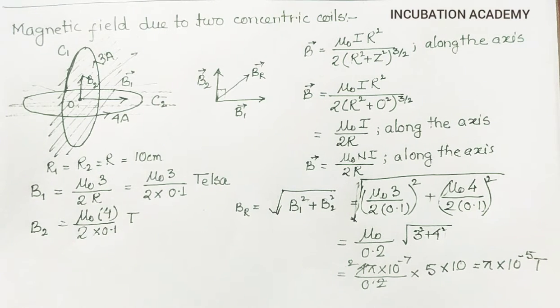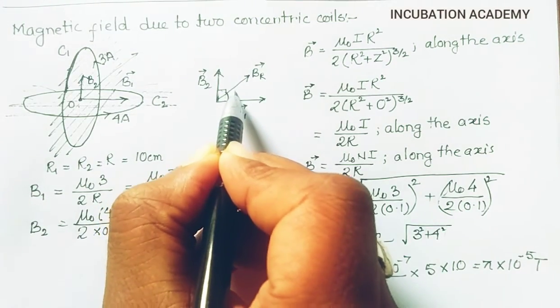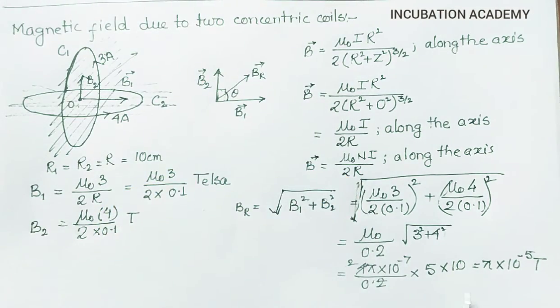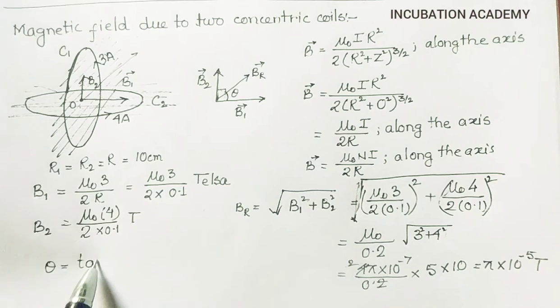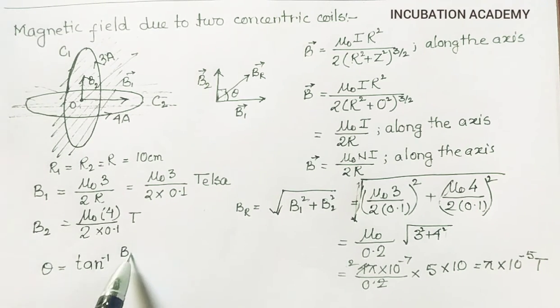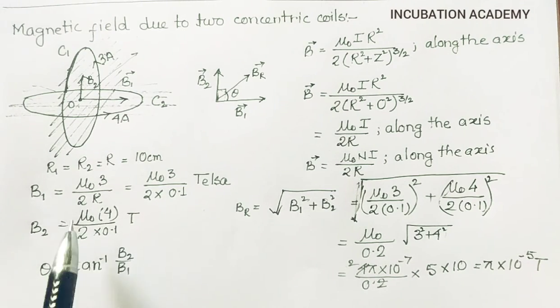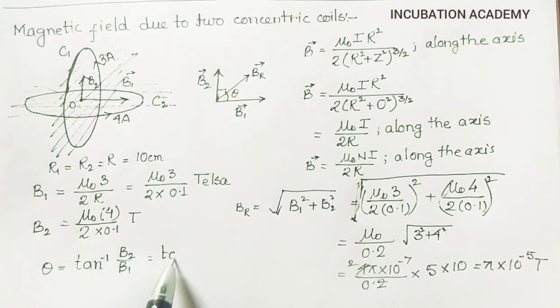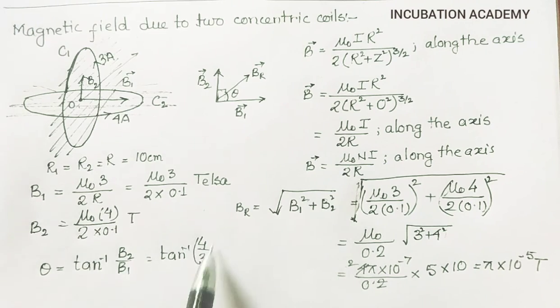Now what is the direction, the value of theta? Theta will be tan inverse of B2 divided by B1. Putting in the magnitudes of B2 and B1, theta is tan inverse 4 divided by 3.